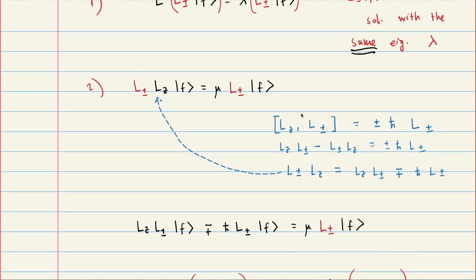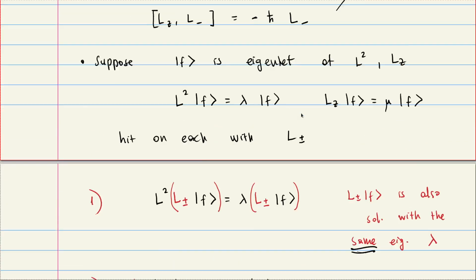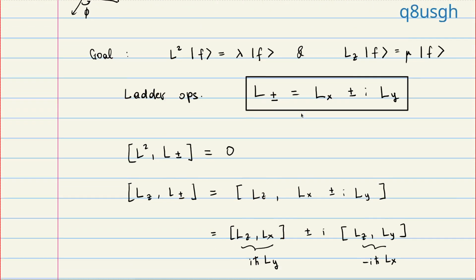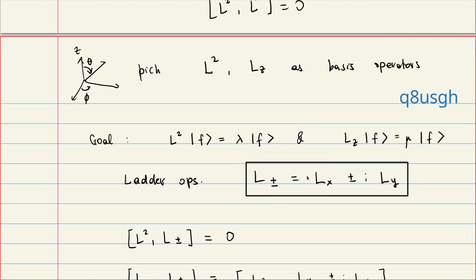Lx, Ly, and Lz are observables. Whereas if you combine them here, this is where we introduce L plus or L minus. In a little bit, I'm going to talk more about them, but they are not physical operators. But they help us find the spectrum, because if you hit a solution, it gives another solution. Okay.